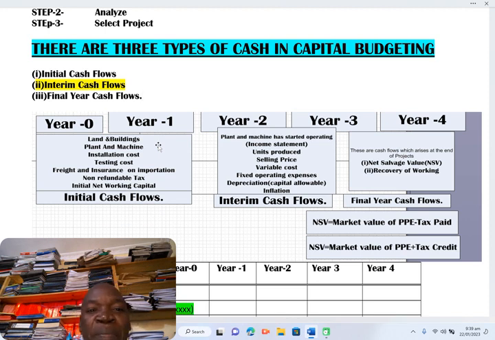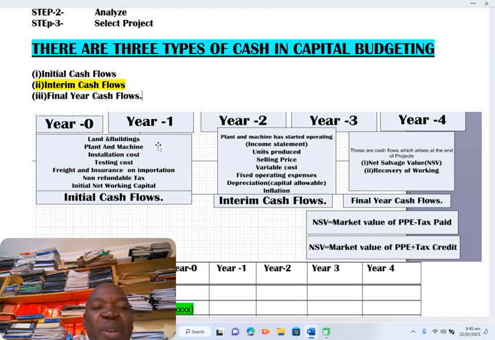For example, if you want to establish a manufacturing company in Tanzania, perhaps cement manufacturing or wine manufacturing, the initial cash flow may involve acquisition of land, machines, plant, property, equipment, installation of machines, payment of freight on those equipment, payment of taxes, installations, and others.